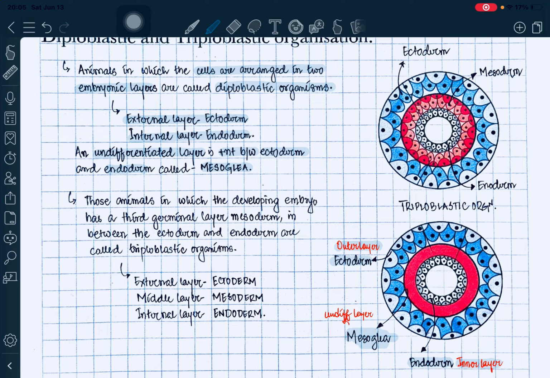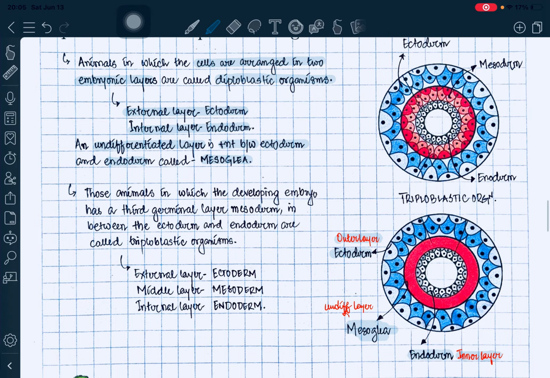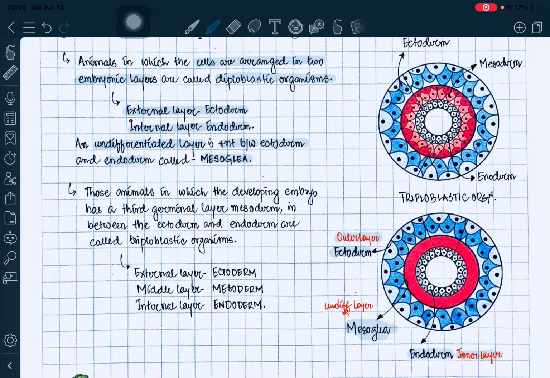Now discussing the triploblastic organisms, where we have three different layers of cells. Those animals in which the developing embryo has three germinal layers, mesoderm in between ectoderm and endoderm, are called triploblastic organisms.